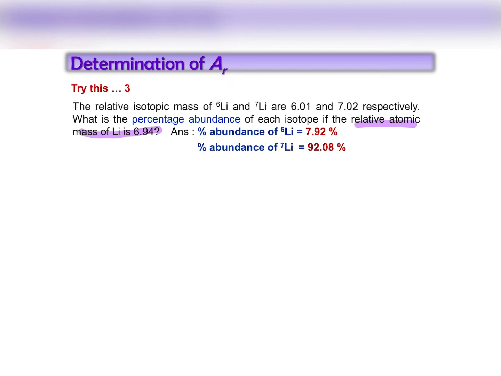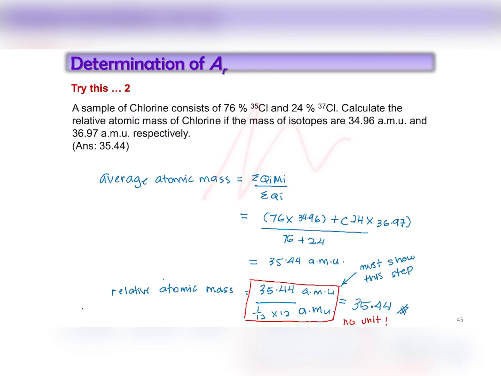And you are given the relative atomic mass of lithium is 6.94. Okay, so if we look at example 2 just now, we were given the percentage abundance and the isotopic mass, and we wanted to find the relative atomic mass.